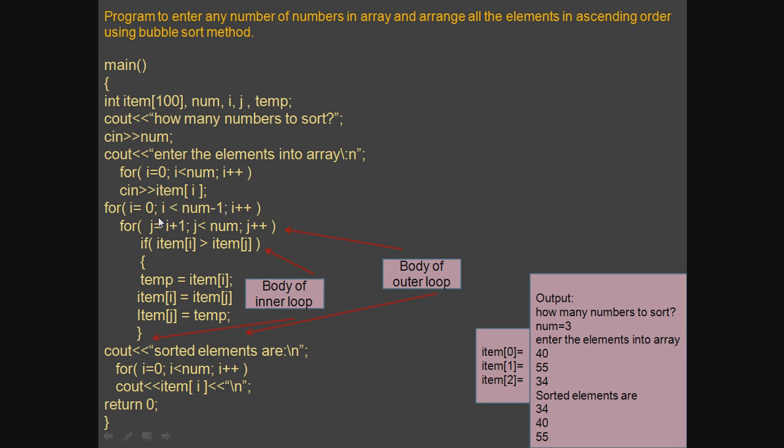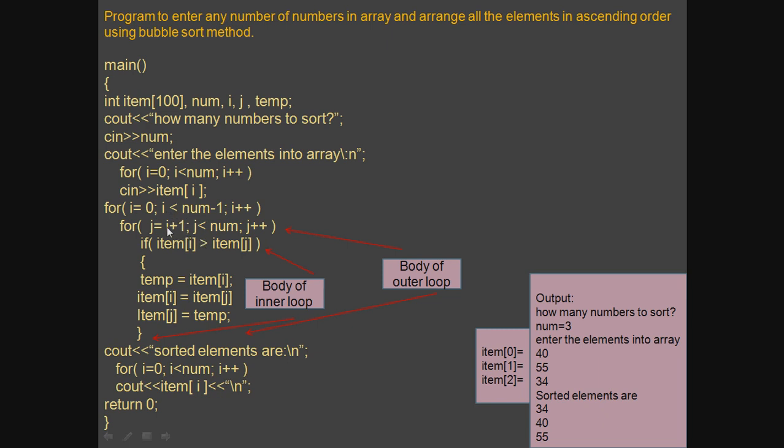So 0 is less than 2, 1 is less than 2, then 2 is less than 2, false, right?